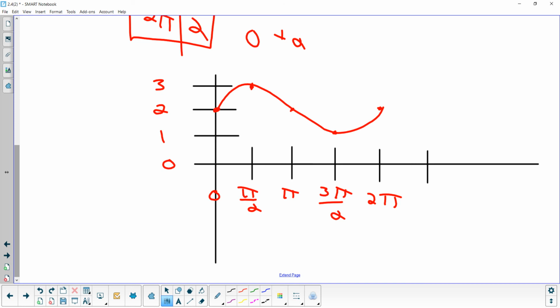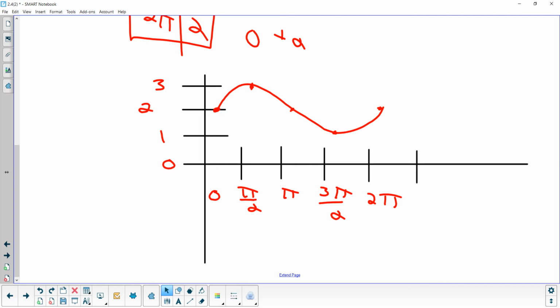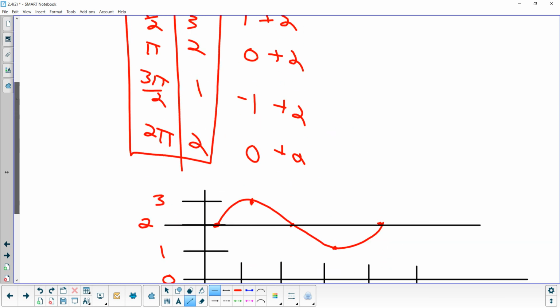No, it's not 2. It's 1. Remember that amplitude is the height off of the center line. So if you put a center line in, kind of like this, the height there is 1. It's just 1 unit off it.